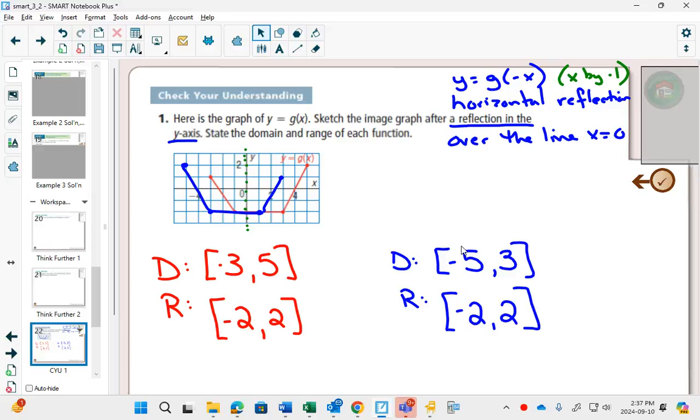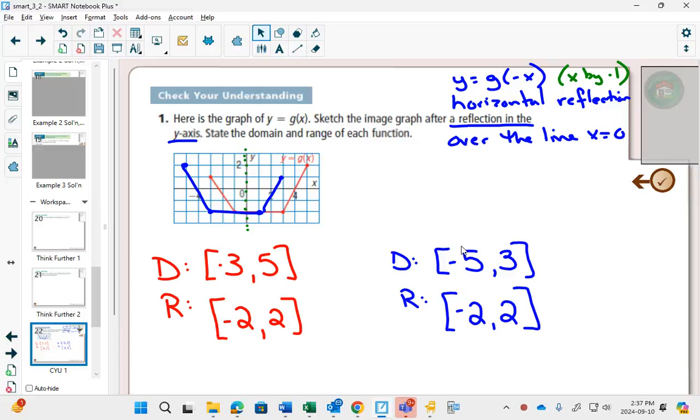Second, in the domain, could you figure out the blue domain if I gave you the red domain but no graph? Because sometimes on the exam they'll do this. They'll say, okay, how well do you understand things? What if we just give you a little bit of information and you have to find the rest?